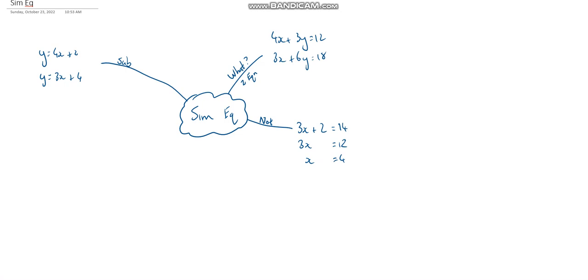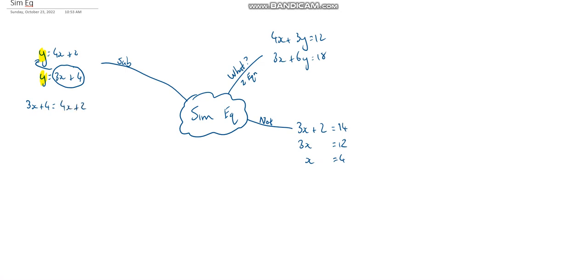We can put these equations equal to each other because if y is equal to this bit over here, and it's also y is equal to that bit over there, then I'll take this and put it in place of that y. So I'm saying 3x plus 4 is equal to 4x plus 2.